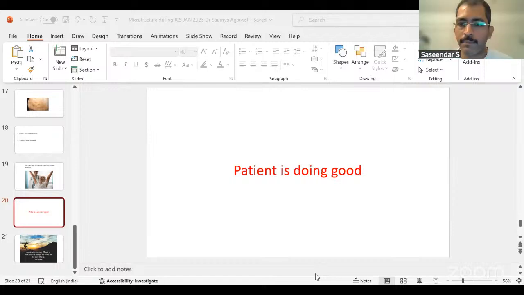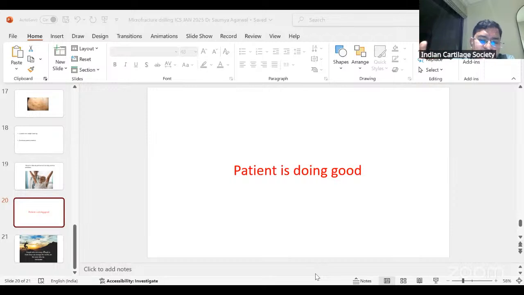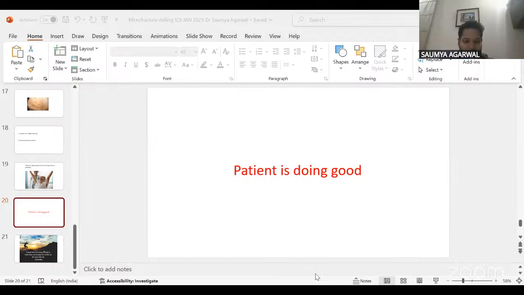Dr. Soumya, these patients do really well, the instability ACL patients. If you do a microfracture for a smaller size of lesion, a centimeter square or 1.5 centimeter square, these patients do well in my practice. Yes, sir. I agree. Less than 1 centimeter, definitely a good indication.